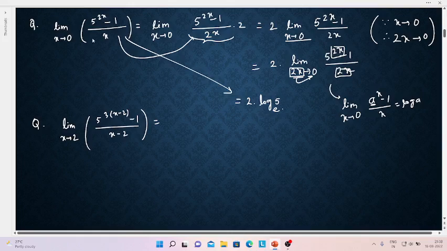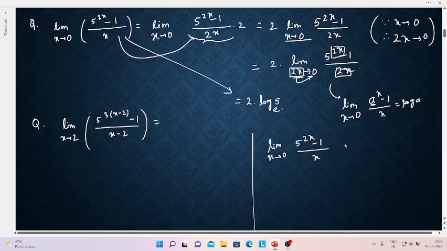This can also be written as follows. Let me clear these things and then I will discuss it. Basically, we have limit x tending to 0, 5 to the power 2x minus 1 upon x, right? 5 to the power 2x can be written as 5 square to the power x, I mean 25 to the power x, minus 1 upon x.